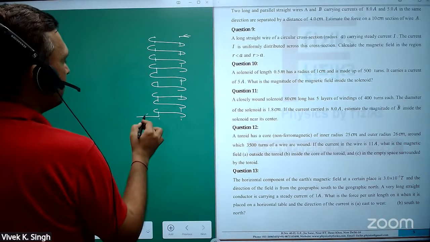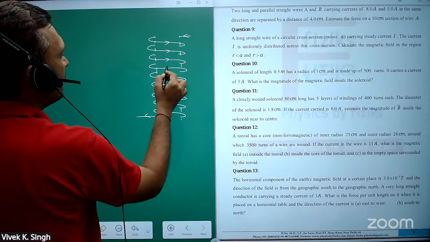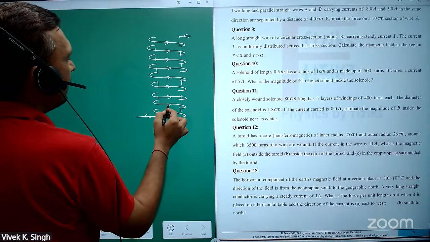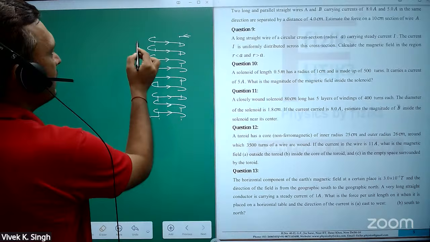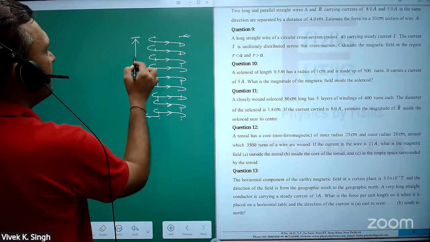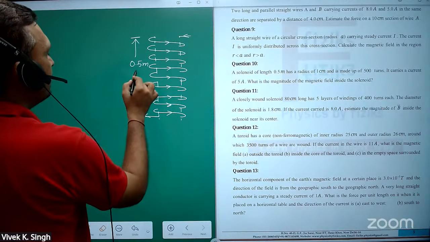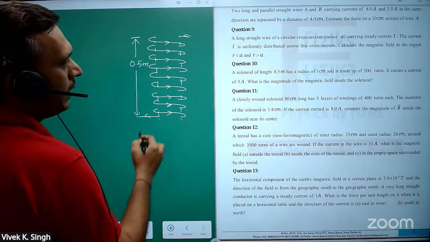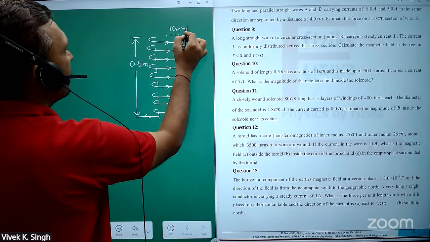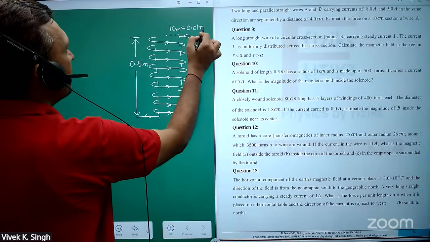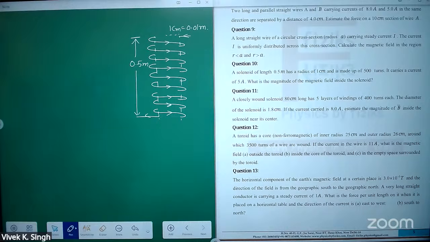Let's say this current is I. Its length is 0.5 meter, and its radius is 1 centimeter, or 0.01 meter.